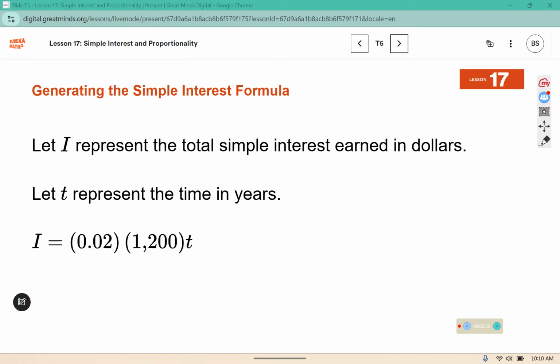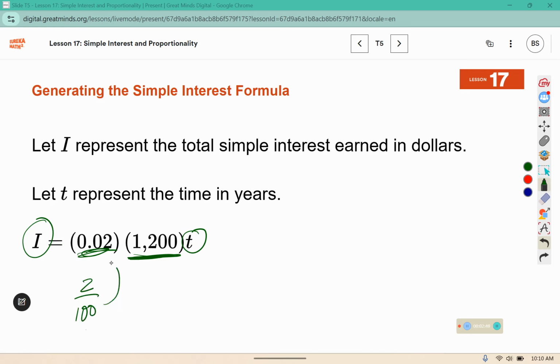We are going to use a formula for simple interest. And it says, let I represent the total simple interest earned in dollars, and T represent the time in years. So time in years, interest earned. This amount is what we started with. And this 0.02 is 2%, written in its decimal form.